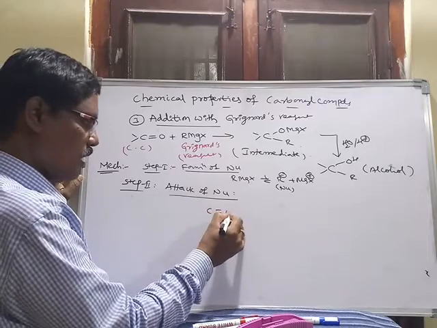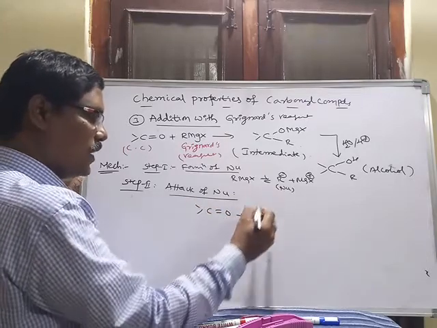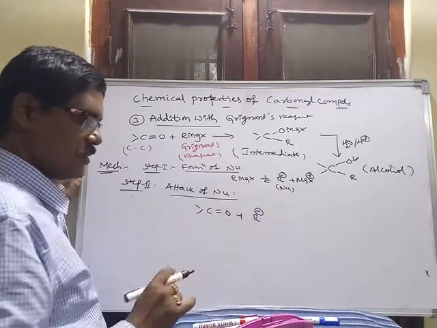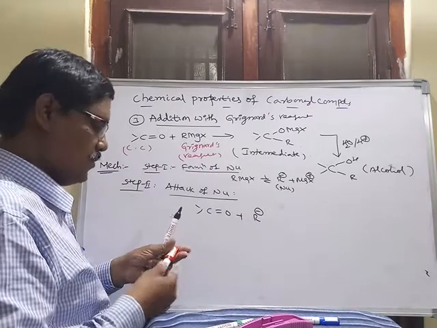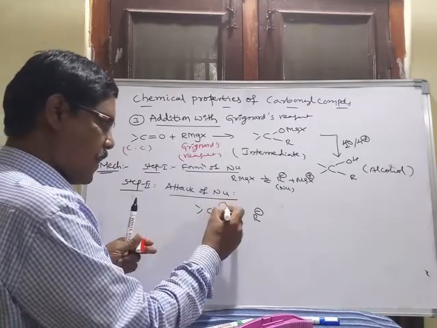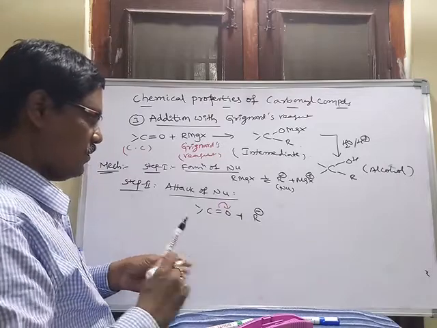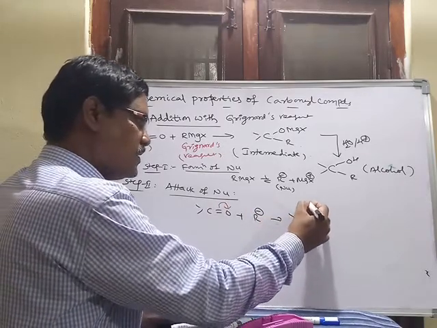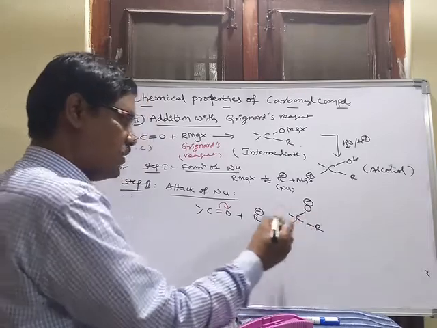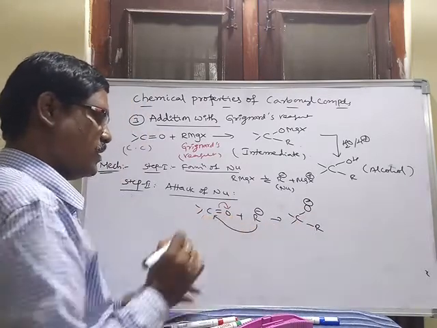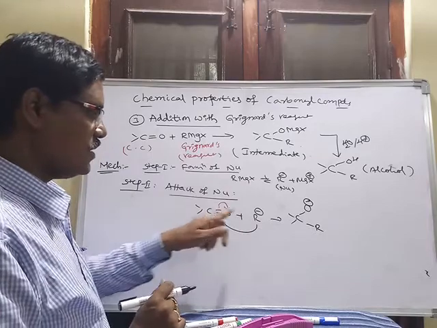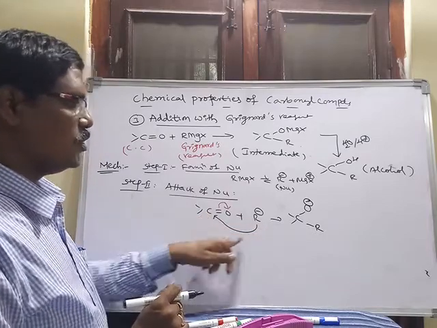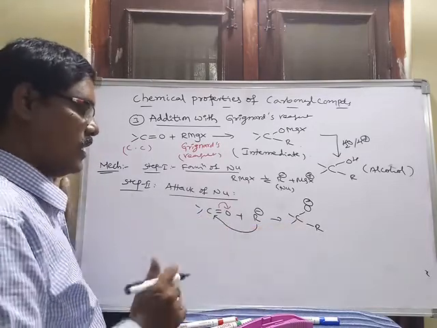On the carbonyl compound, the nucleophile is R minus. The pi bond shifted to this side, so we obtain O minus and R. R is added to carbon. There is a new bond between carbon and R.